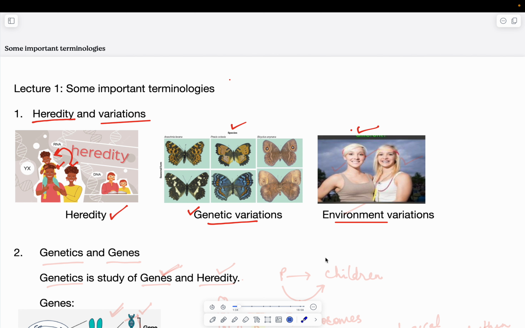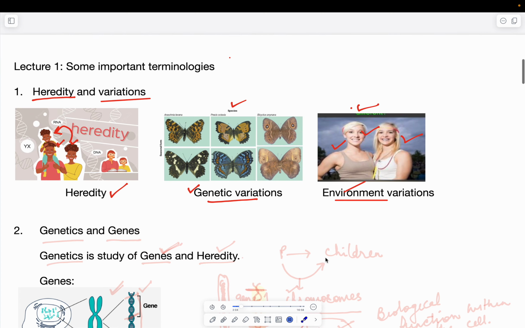For example, this girl has short hair, this girl has long hair, right? This girl seems to be more muscular. This is because she does exercise regularly. She doesn't seem to be much muscular. So these changes are induced by the environment, right? So these are variations.